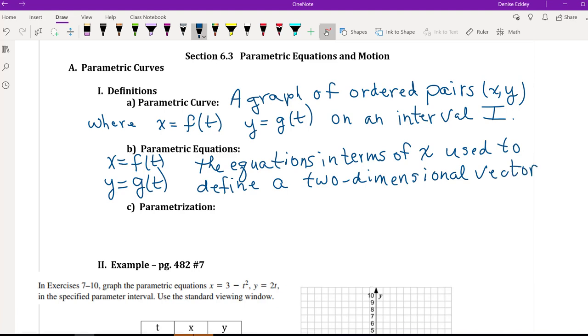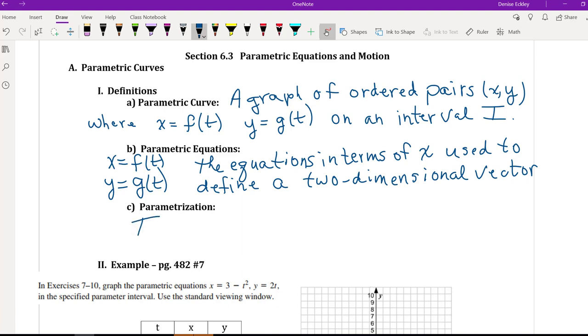Okay, parameterization: that is the defining of the curve on an interval of t values. So that's when we take a rectangular equation and turn it into a set of equations, or parametric equations, defined in terms of a third variable.